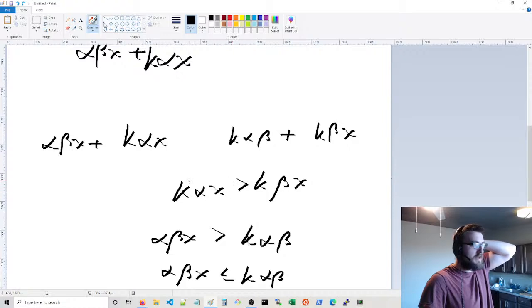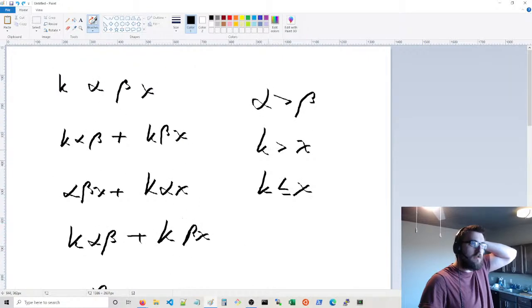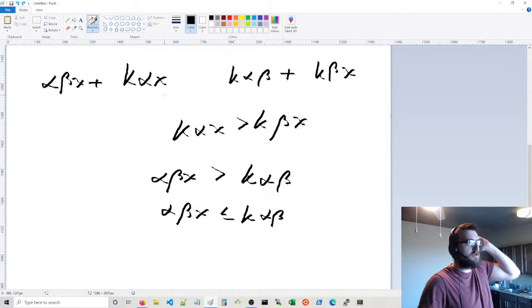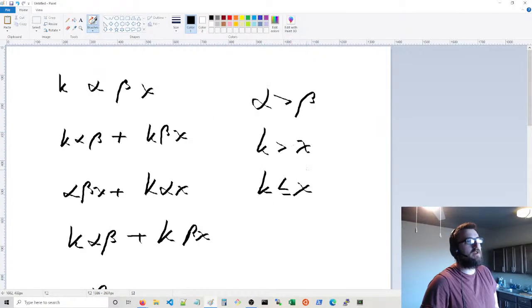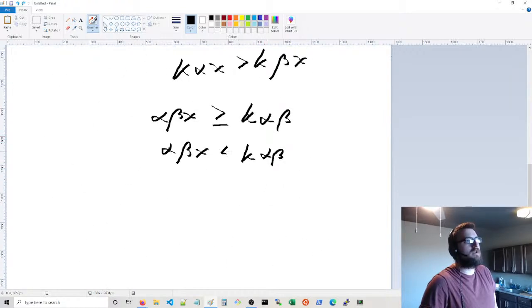So this is... or no. Did this wrong. X could be greater than or equal to k, and then x could be less than k.